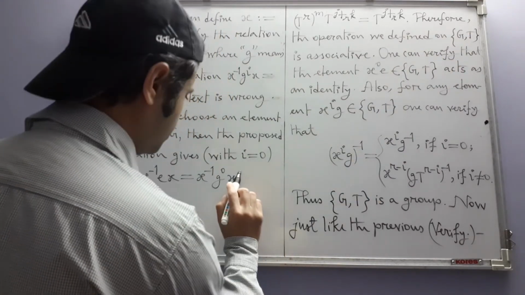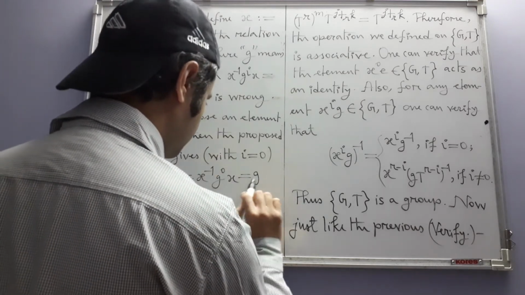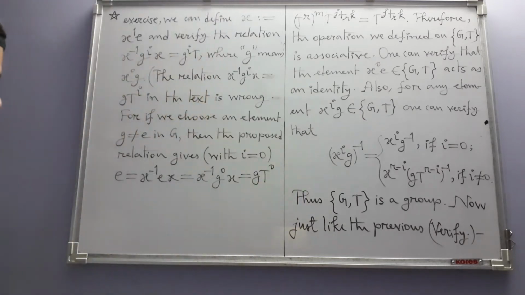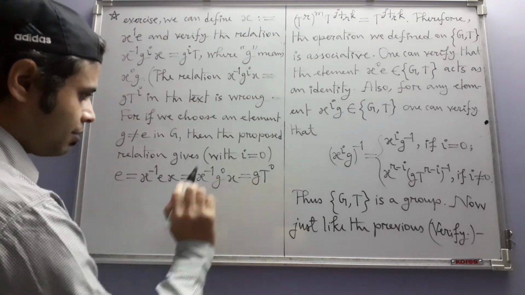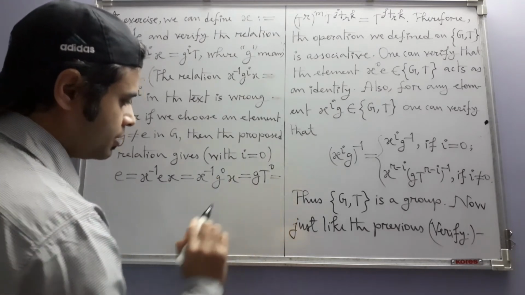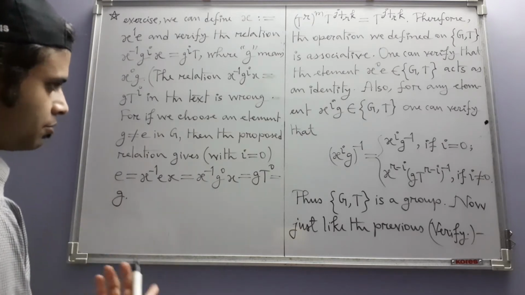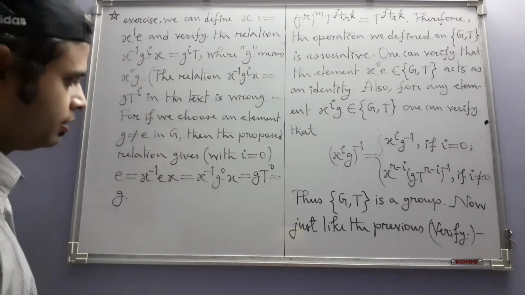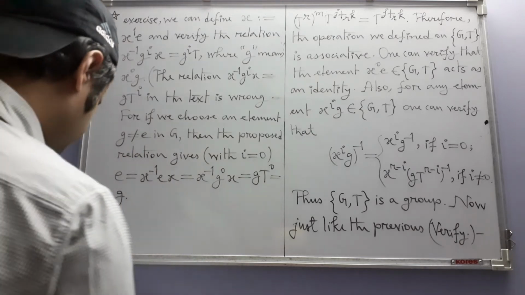And this, according to the proposed relation, should be equal to G t to the power 0, because that's what the text is saying. However, since t to the power 0 is the identity mapping, this will be equal to G. So we get a contradiction because according to our choice, G is not equal to E. So whatever is given in the text is actually wrong.